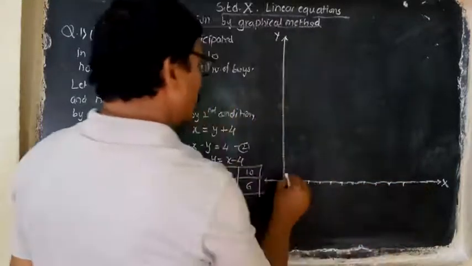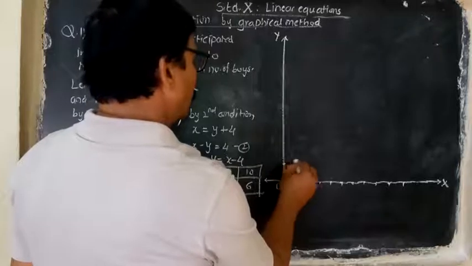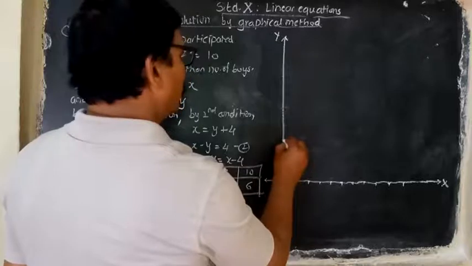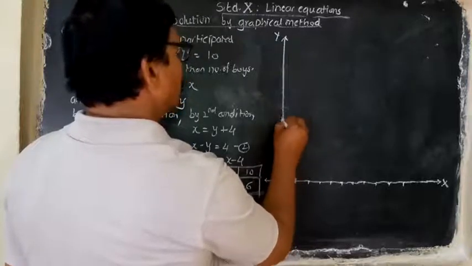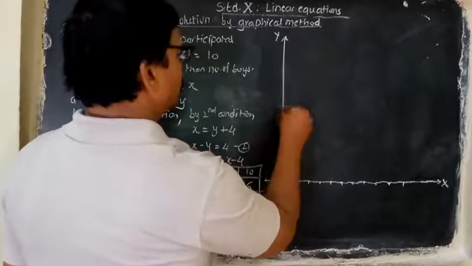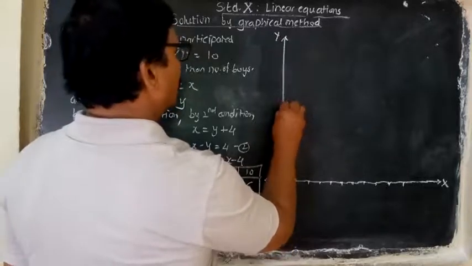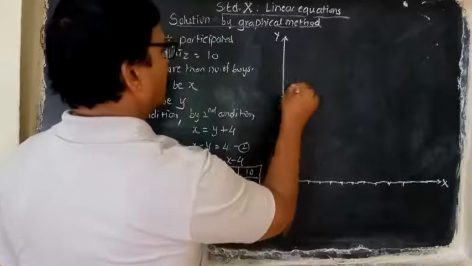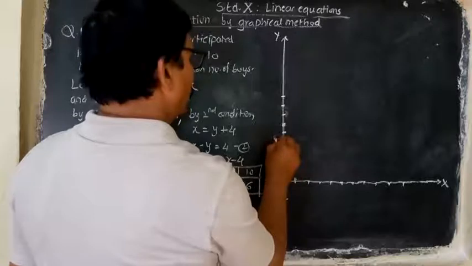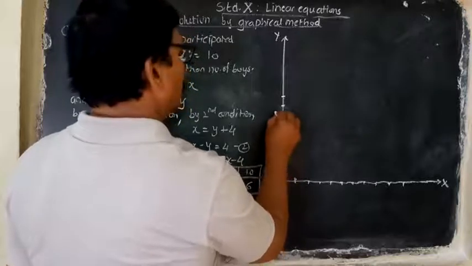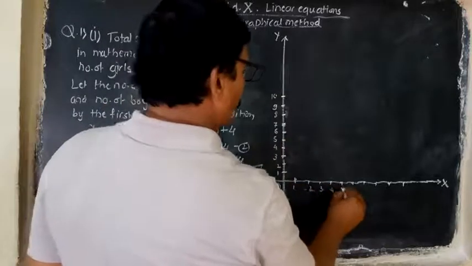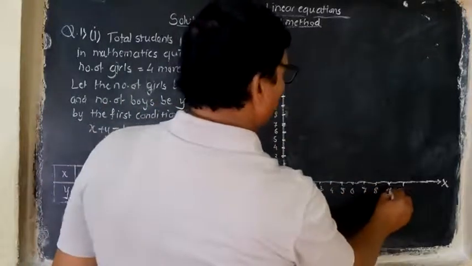Up to 10 is more than sufficient. Then mark the same 1 to 10 on the Y axis.